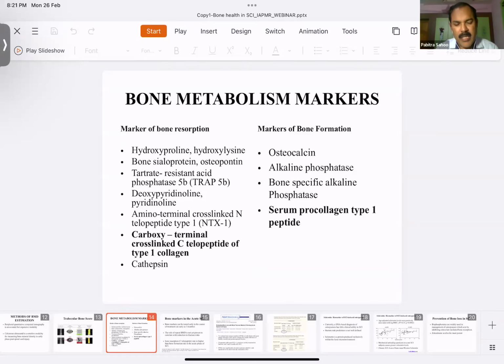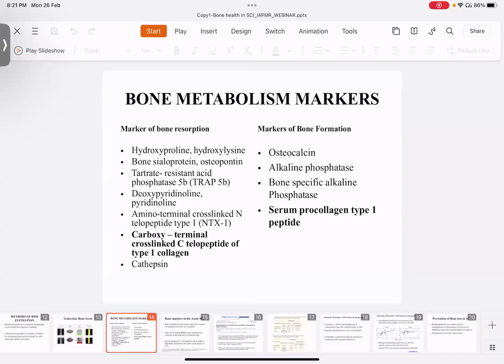Is there any role of teriparatide, parathyroid hormone? Teriparatide is a parathyroid analog, a bone anabolic agent. I actually have not included this in my topic, but it is used subcutaneously for 3 months.